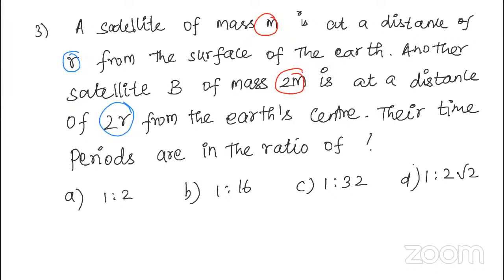Their time periods are in the ratio. Let us now try this one. To solve this, we are taking Kepler's third law.